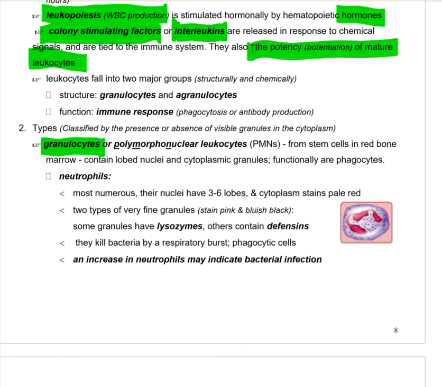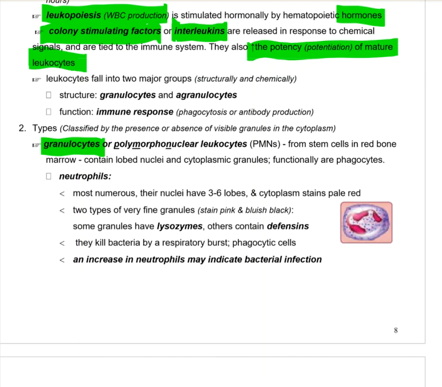Poly means multiple, morpho means shape. And so what we're saying is, instead of having a nice round nucleus like usual, look at this nucleus over here. It's got these multiple lobes. See those three different lobes there? And so it's got poly, multiple, morphed or changed nuclear shapes. And so we call those different lobes.